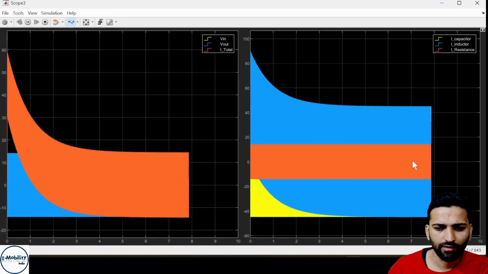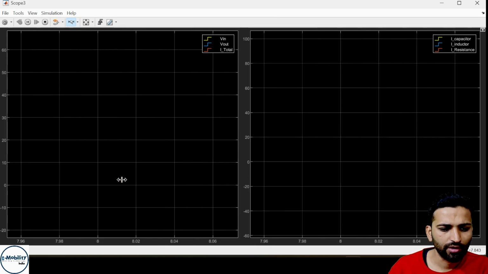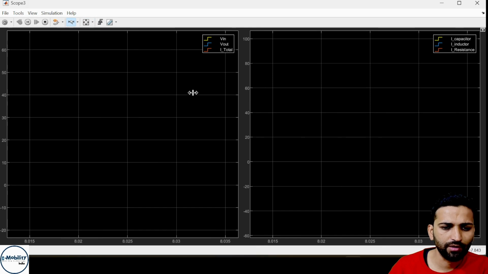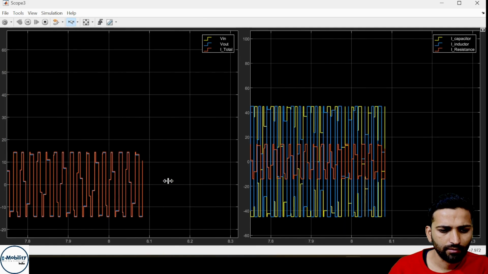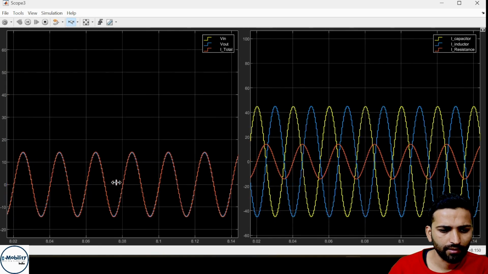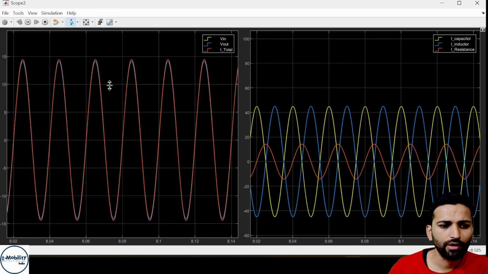Here you can see that at this moment the circuit is exactly a resistive circuit. The circuit is behaving as if it is a pure resistive circuit because there is no phase difference: red is showing the current and blue is going along with it.